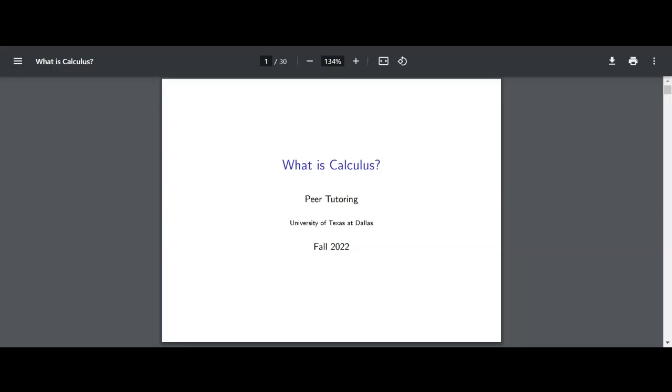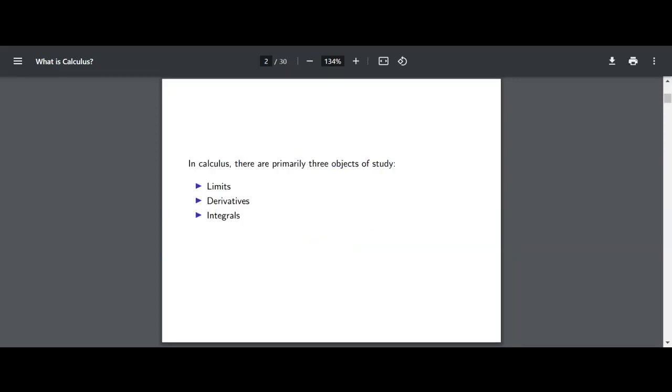And all right, I guess I will now go ahead and get started, okay? So what is calculus? Okay, so in calculus, there are primarily these 3 objects that you're going to be studying. The first object that you're going to encounter is something called a limit.